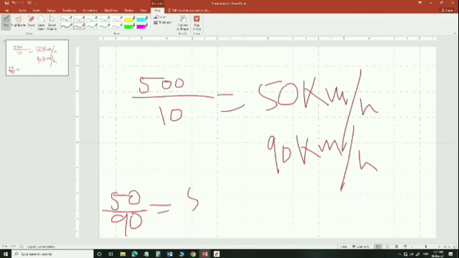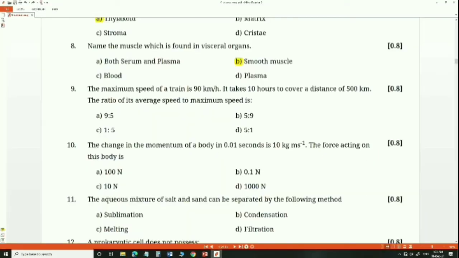So the ratio is 5 by 9, equal to 5 is to 9. 5 is to 9 is the true answer.